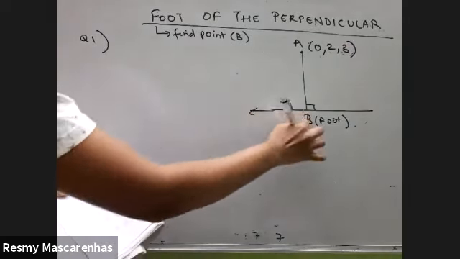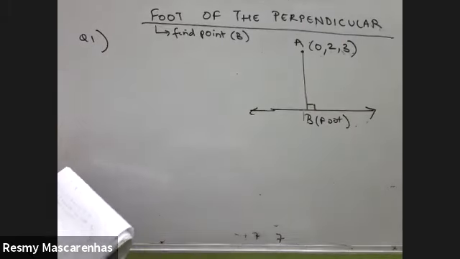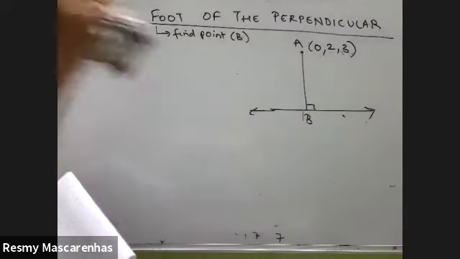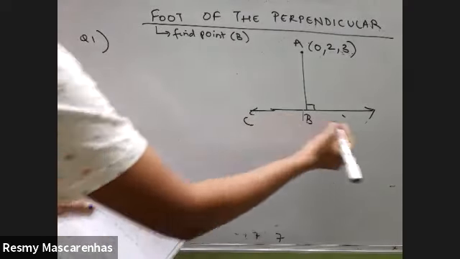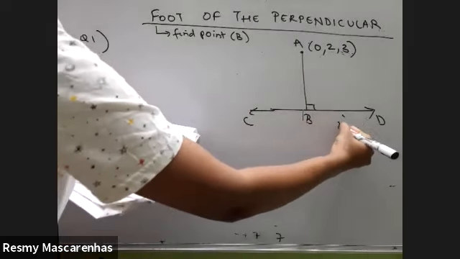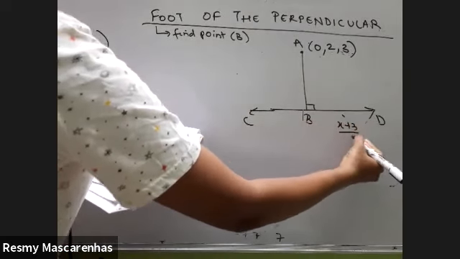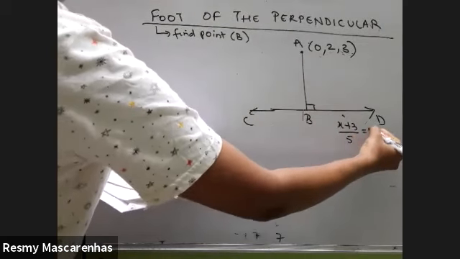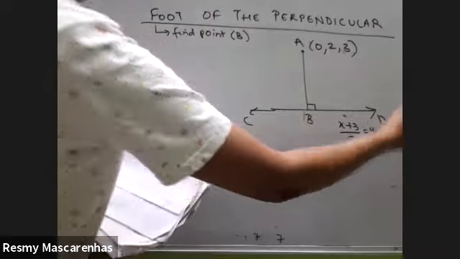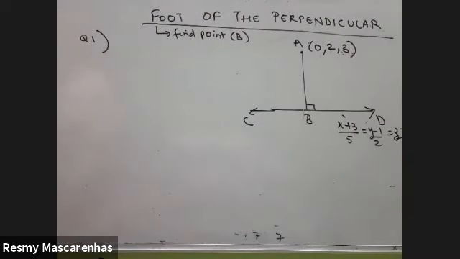Now we have to find this point, and to which line they have drawn it, the equation of that line is given. You can mark it as C and D. And the equation of this particular line is, write it on that line. So this is the data that has been given to you.